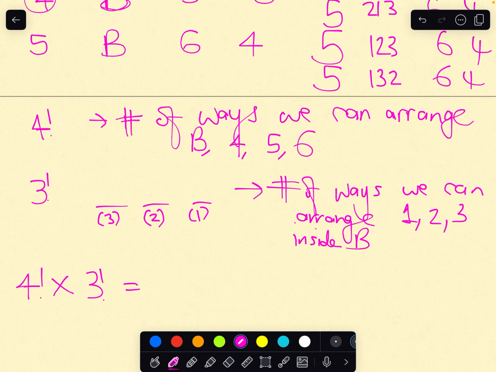So in total, 4 factorial is 24, 3 factorial is 6, 24 times 6 is 144. So there are 144 ways that we can arrange these dresses, and 1, 2, and 3 are going to be next to each other in whatever order.